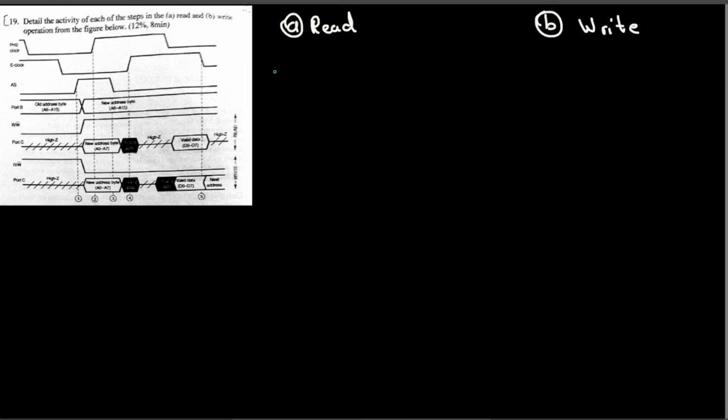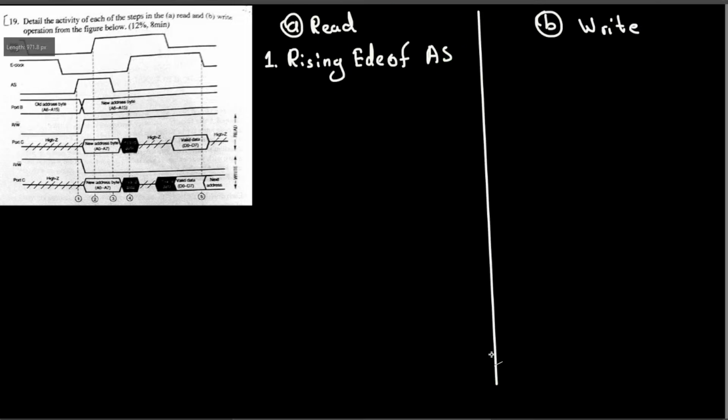First one, as we look at that, there are 5 things. One is the rising edge of AS, and for write also the same thing.